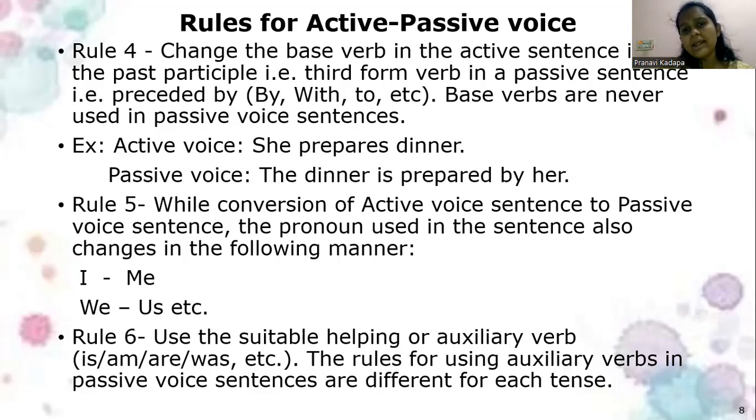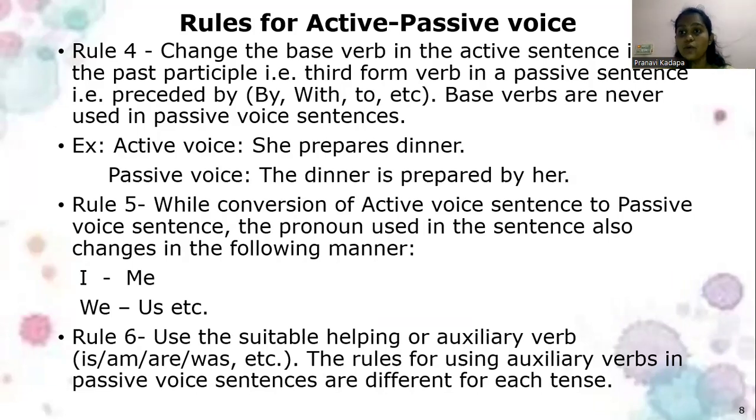It's your choice whether you want to write the sentence in present or past tense. You can use the dinner was prepared by her, or you can still use the dinner is prepared by her. The important thing is whether you are using singular or plural according to the sentence. While converting an active voice sentence to a passive voice sentence, the pronoun used in the sentence also changes.